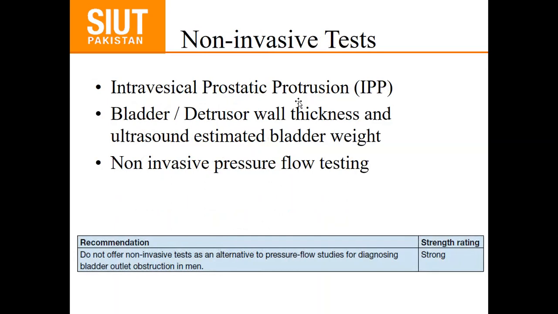There are other non-invasive tests which include intravesical prostatic protrusion, or bladder or detrusor wall thickness, ultrasound estimated bladder weight, and non-invasive pressure flow testing. It is strongly recommended to not offer non-invasive tests as an alternative to pressure flow studies for diagnosing bladder outlet obstruction.